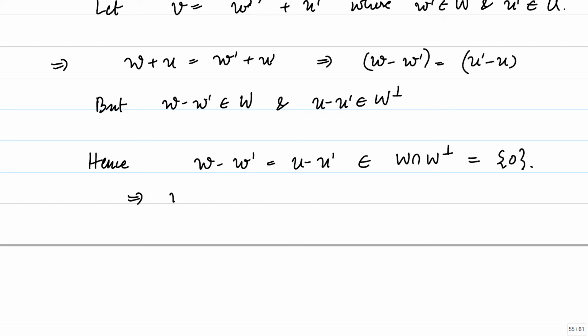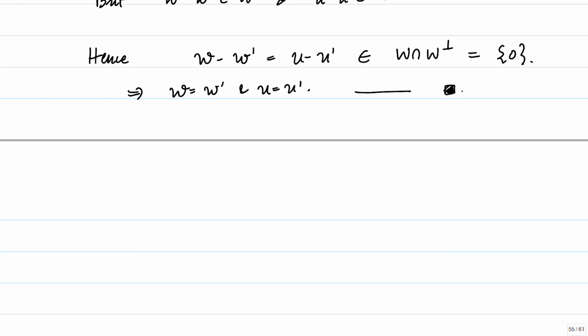And hence w is equal to w prime and u is equal to u prime. And hence we have proved uniqueness as well. So we call the vector small w, so let me keep that in the picture, this vector small w, hence v is equal to w plus u, where w is in capital W. We say that w is the orthogonal projection, or rather the projection, of v onto capital W.